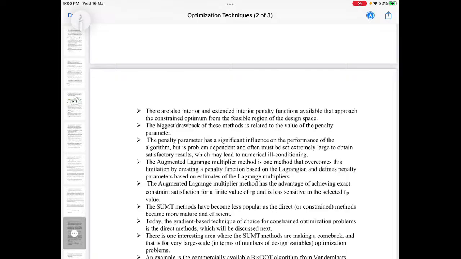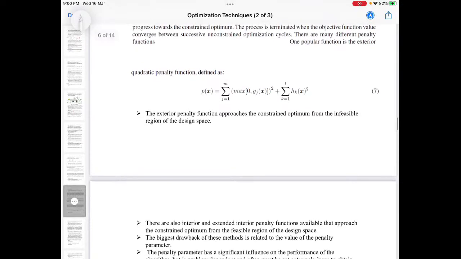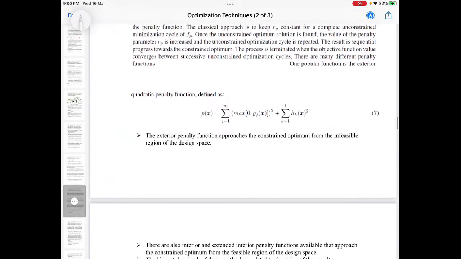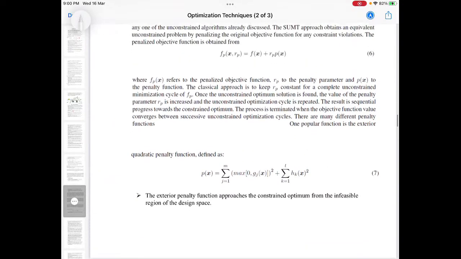The biggest drawback of this method is related to the value of the penalty parameter. The accuracy depends on rp, the penalty parameter.